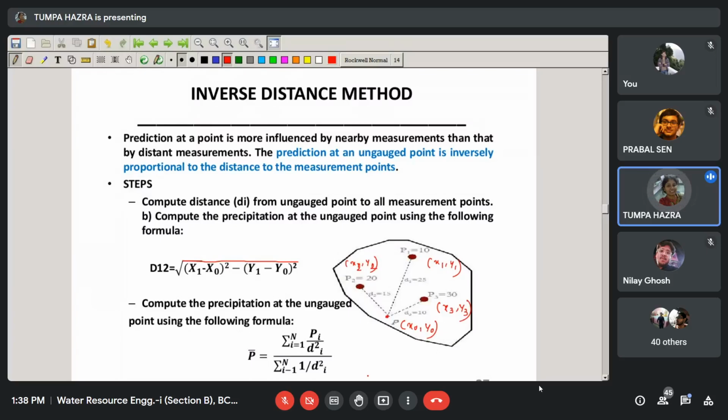So this is also another method. If you know the distance from your unknown station to some stations whose rainfall data is known to you, then also you can recover the data.